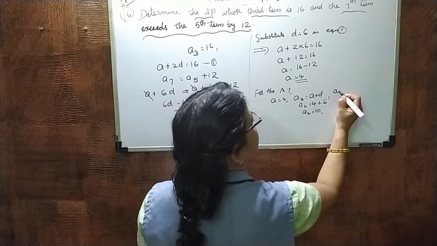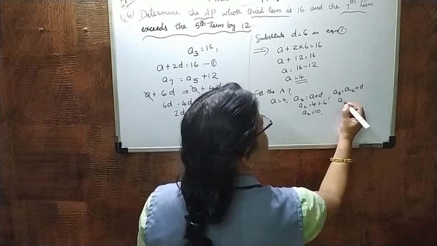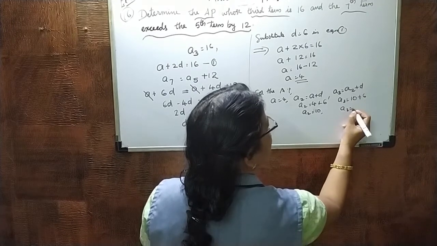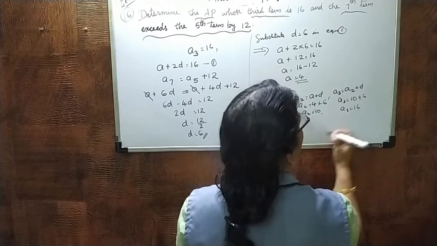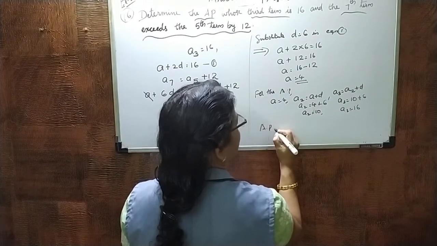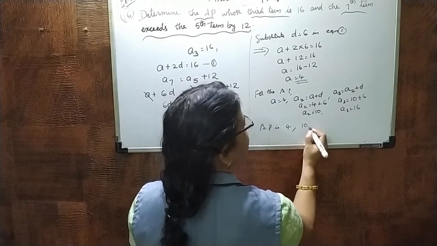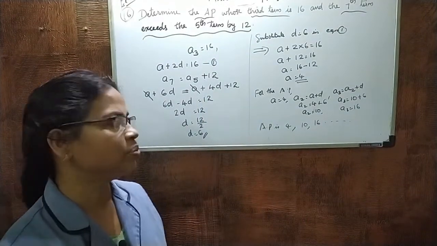Then A3 is A2 plus D, 10 plus 6, A3 is equal to 16. Otherwise, A plus 2D also you can take. Now, it will be enough. So, the AP is 4, 10, 16, etc. Clear? This will be the answer.